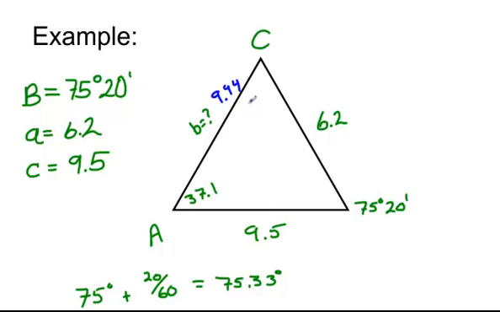So this angle here is 67.57. Okay, and that's basically how we go about completely solving the triangle using the two different forms.